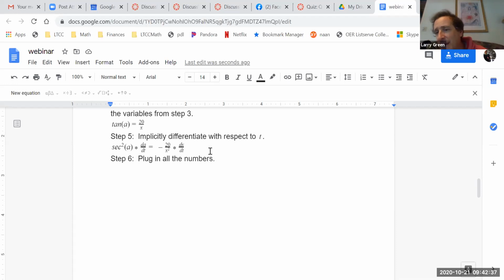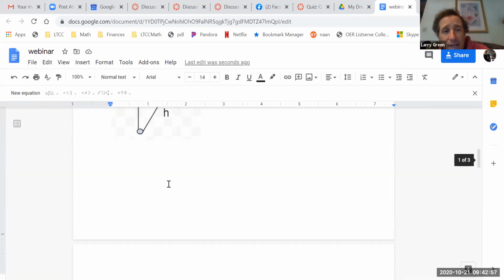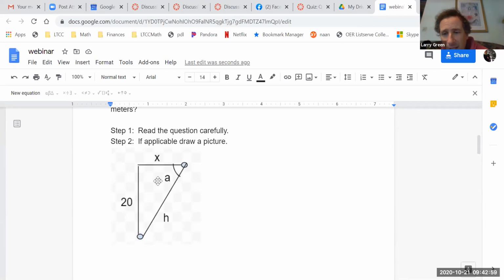You can never plug in before you take the derivative if you have a number that's changing. All right, so let's do that. And what I'm going to do is I'm going to copy the equation. All right, secant squared of A. Okay, secant squared of the angle. Okay, we can now go in and realize we have numbers now. X now is known. X now is 10.